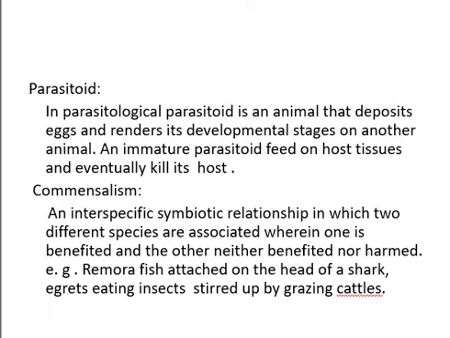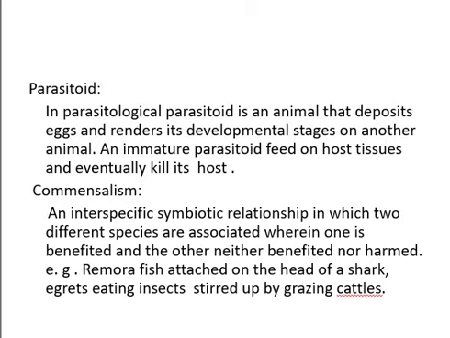What is commensalism? Commensalism is an interspecific symbiotic relationship in which two different species are associated, wherein one is benefited and the other is neither benefited nor harmed. For example, remora fish attached to the head of a shark get chunks of food while the shark is eating smaller fishes.